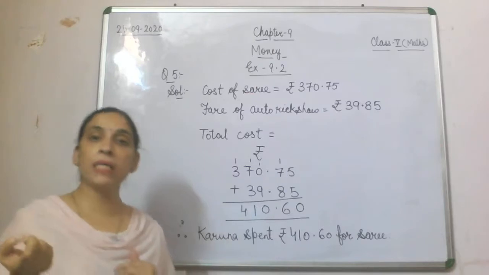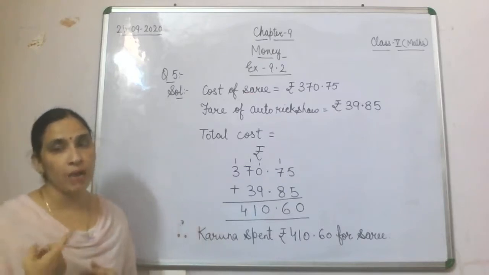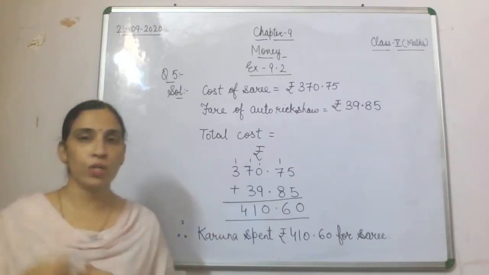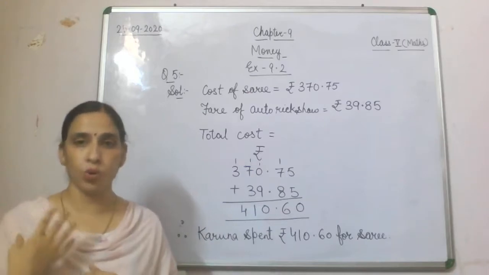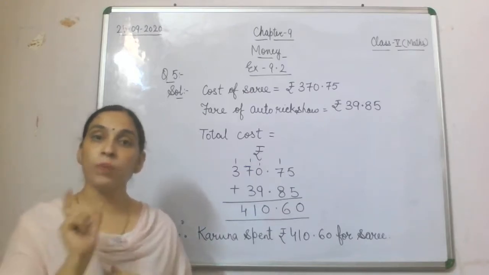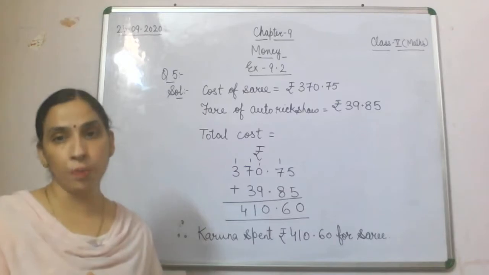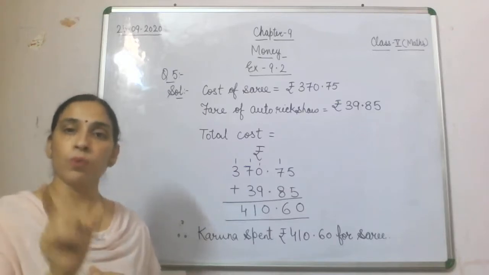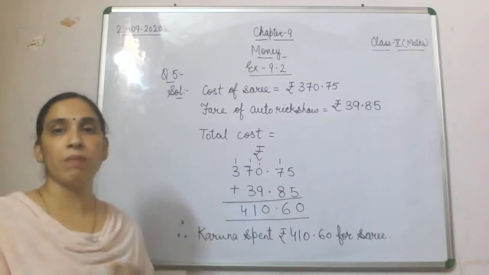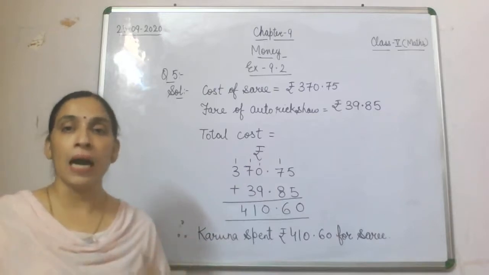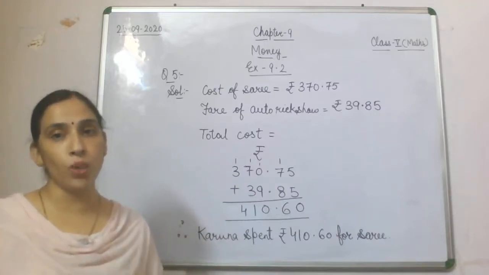But for going and coming back home, I've paid 50 rupees to the auto rickshaw or 50 rupees on petrol. So that 50 rupees will be included in my shopping. So the total cost of shopping will become 1050, and it will happen all the time.